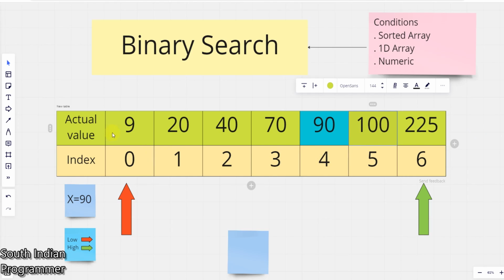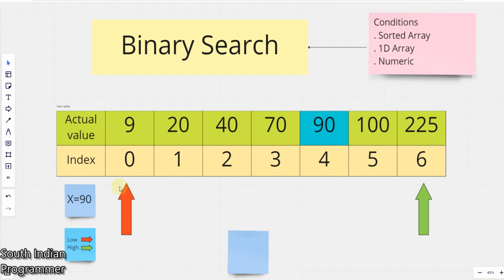In linear search itself, once you get that number, you will break. If it is a sorted array and you're going one by one, once you find the element 90, definitely you will break. You will write an if condition, and once you find it, you print that the element is found and break.